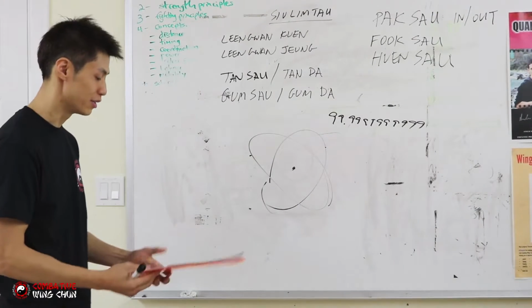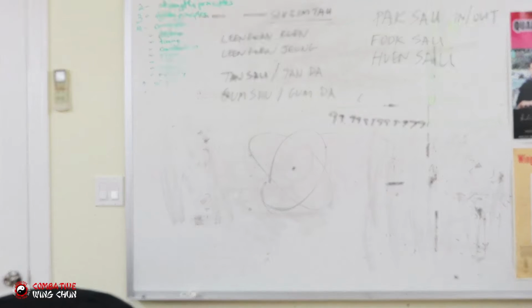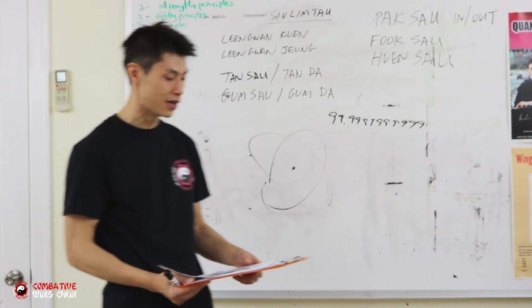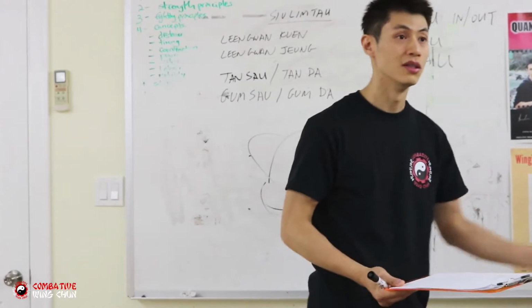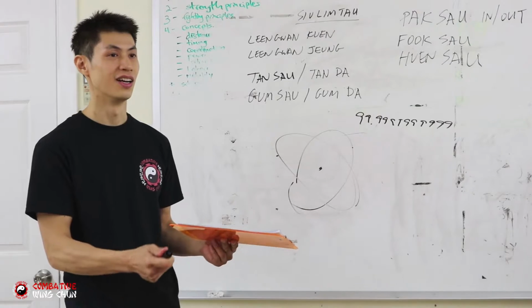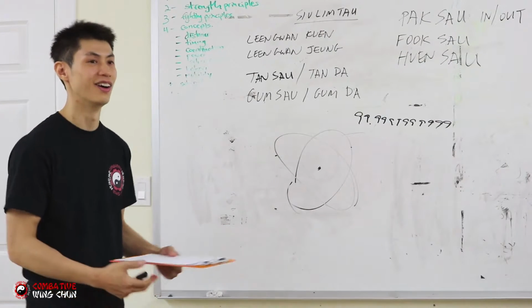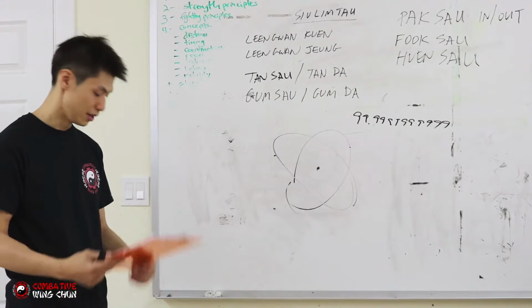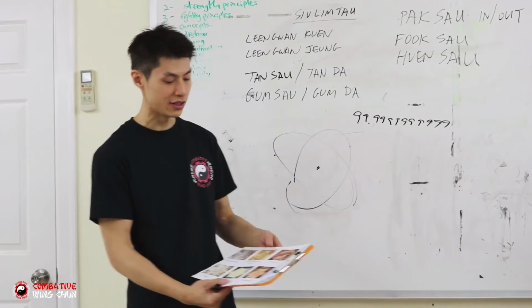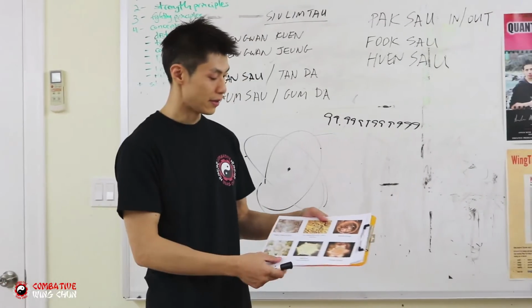Okay? So, it's interesting. Here's another interesting fact. How many of you have heard of Masaru Emoto? Yeah. You're Japanese, right? Lots of people know about him. He did experiments with water molecules.